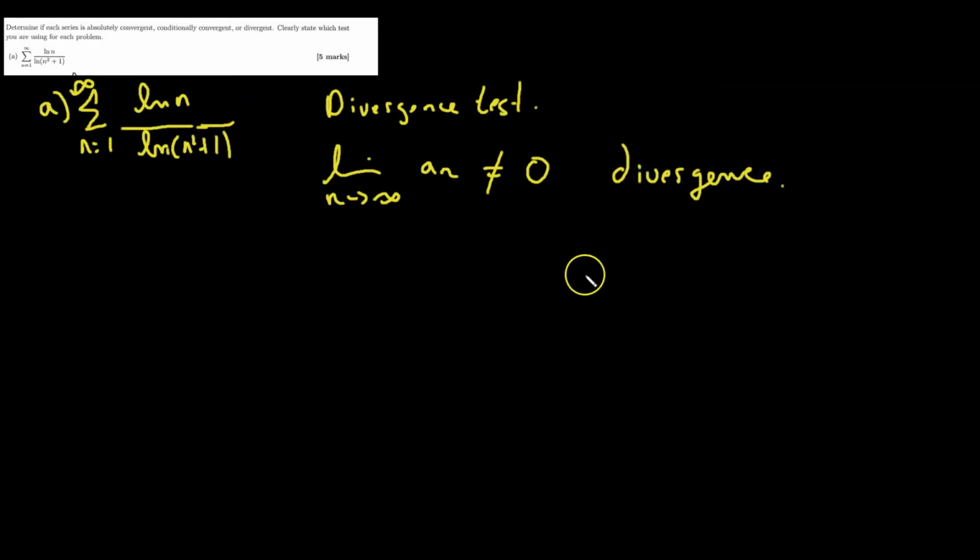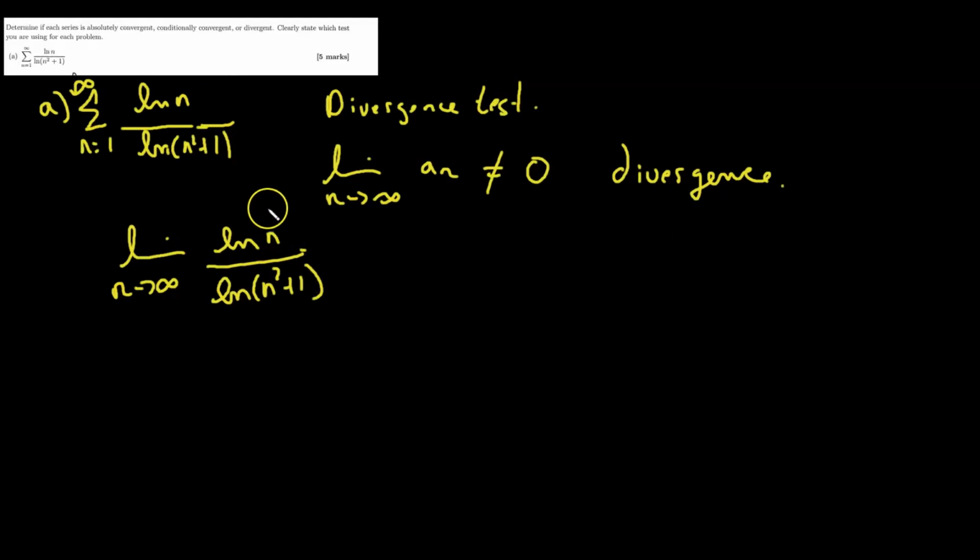Simple as that. So let's go ahead and take the limit as n approaches infinity of ln n over ln n squared plus 1. Remember from calculus 1, we can easily do L'Hopital's rule to further reduce this to something we can actually plug infinity into.